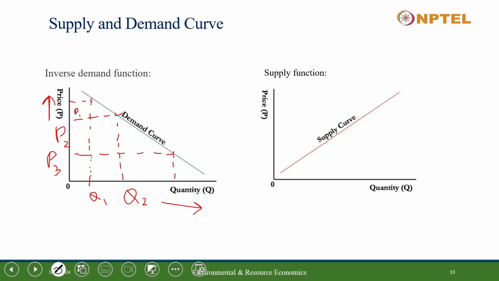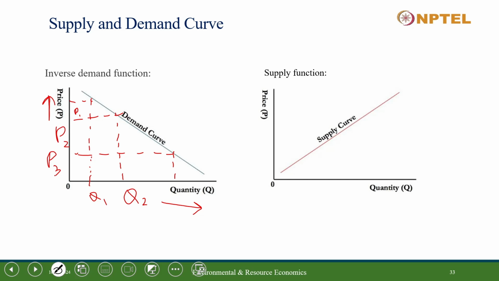The demand curve is downward sloping because of diminishing marginal utility. Let's say you have one shirt. For the first shirt, you are ready to pay 1,000 rupees. But for the second shirt, you will say, I have one, so I'll pay 800, not more than that.